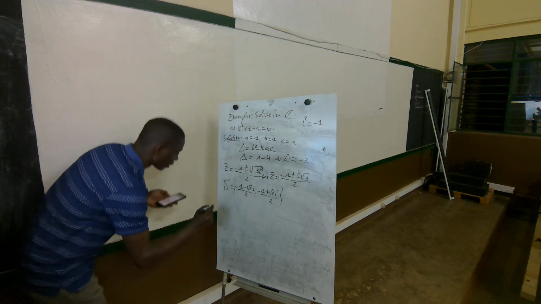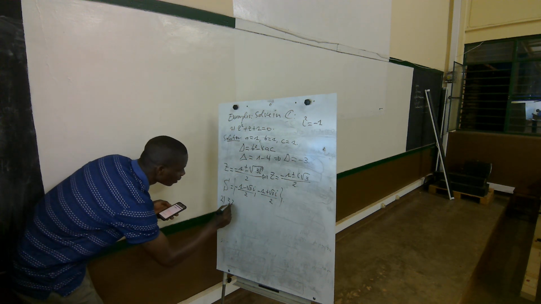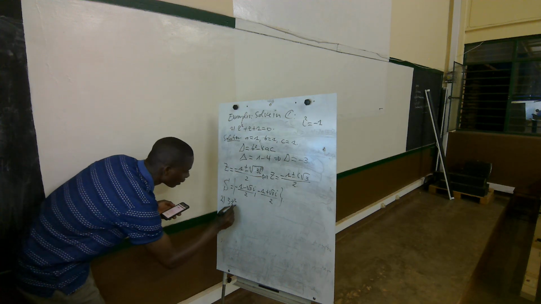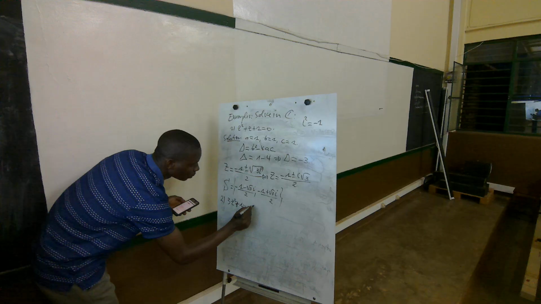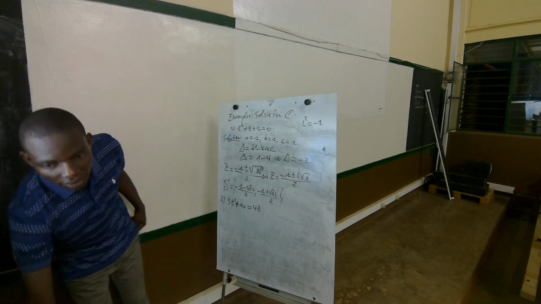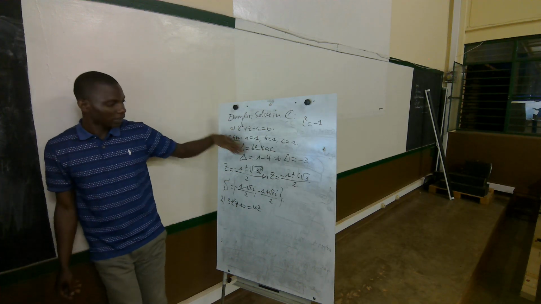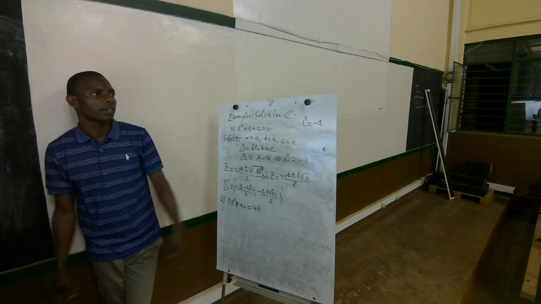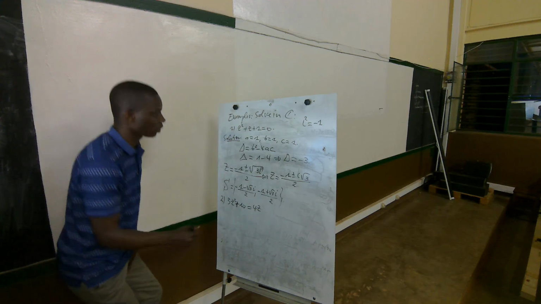Let's solve, for example, example 2. Let's solve 3z squared plus 10 which is equal to 4z. Now, this is the second equation. We can reflect on the first one, then we solve the second one.